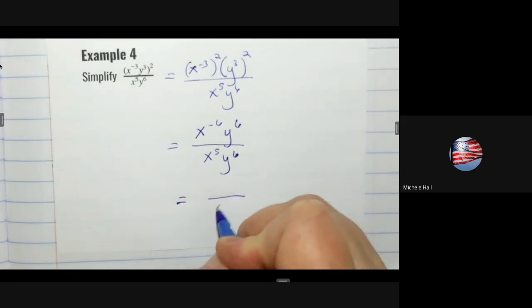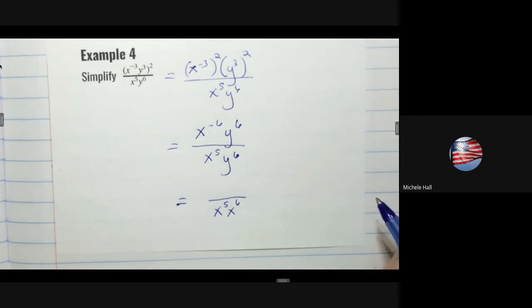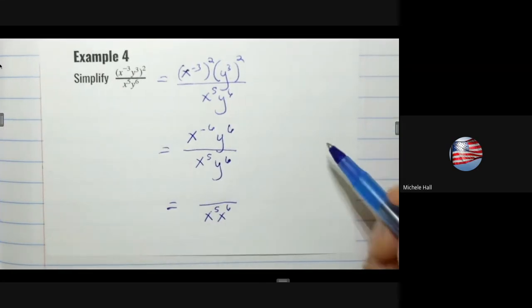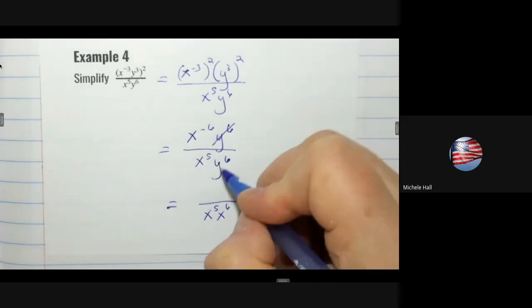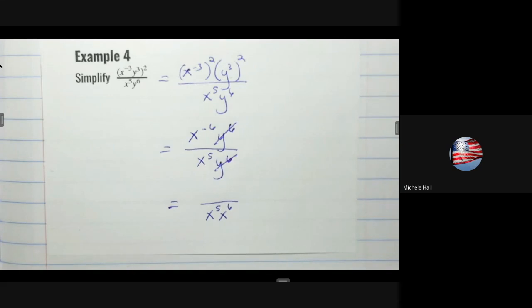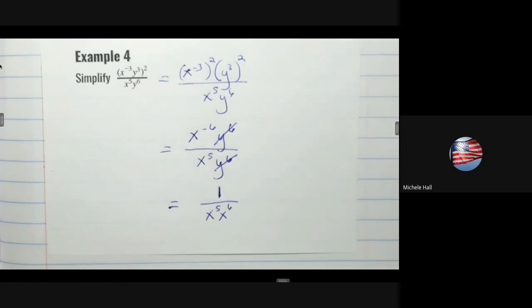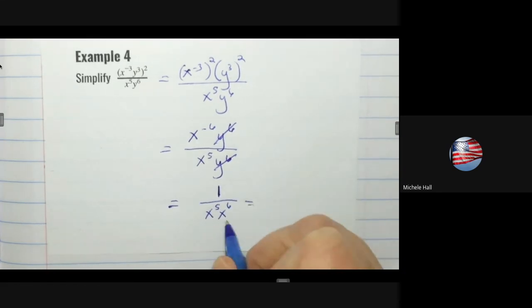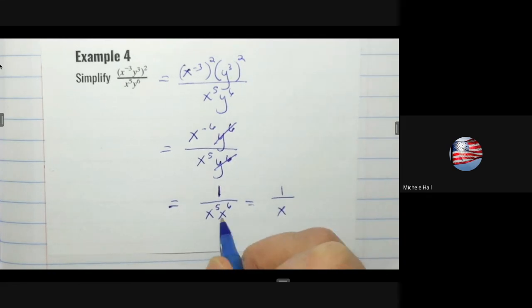We have x to the 5th, and then x to the positive 6th. Here I see y to the 6th divided by y to the 6th. Those will cancel. Same situation that we had up top where it would end up going y to the 0, and then that would just be 1. So we can just cancel those here. That leaves a 1 in the numerator, and I just need to finish the product here in the denominator. 1 over x to the, like bases, you add exponents.